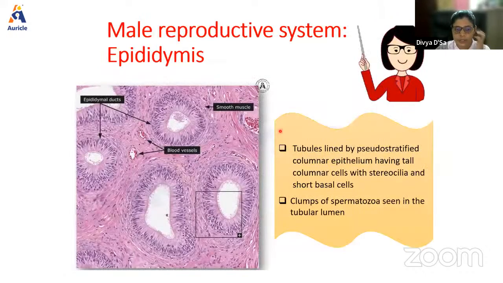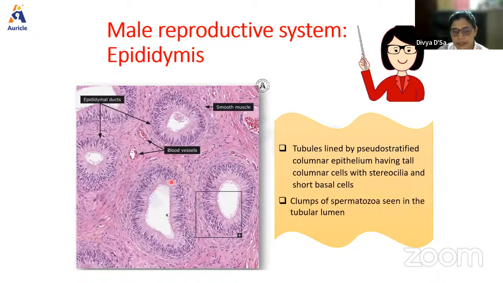So when we see these things, we have to identify it as epididymis. The tubules are lined by pseudostratified columnar epithelium having columnar cells with stereocilia. Stereocilia, unlike cilia, are not motile. They do not help in the movement of the sperms, they are basically non-motile.